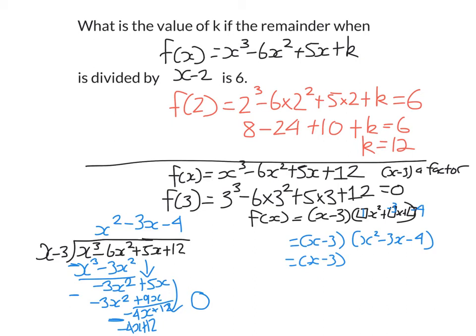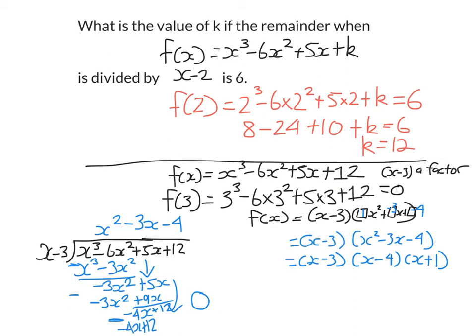I just need to find two numbers that multiply to negative 4 and add to negative 3. So I've now split f(x) into 3 linear factors. Note, a degree 3 polynomial can never have more than 3 linear factors. Similarly, a degree 4, a quartic, could never have more than 4 linear factors.